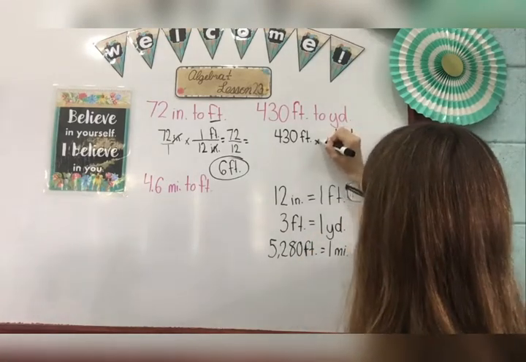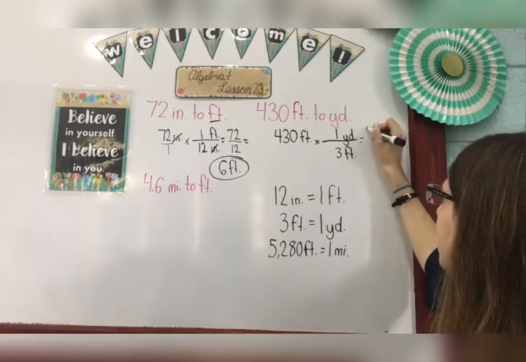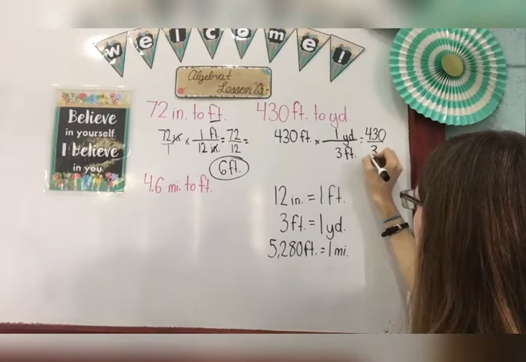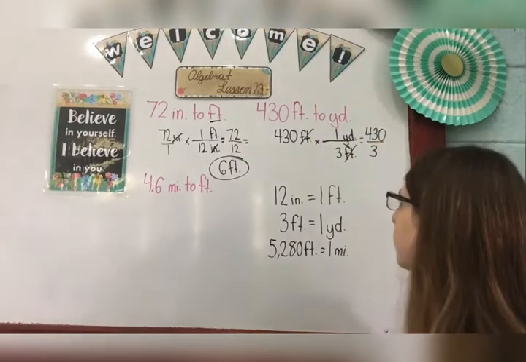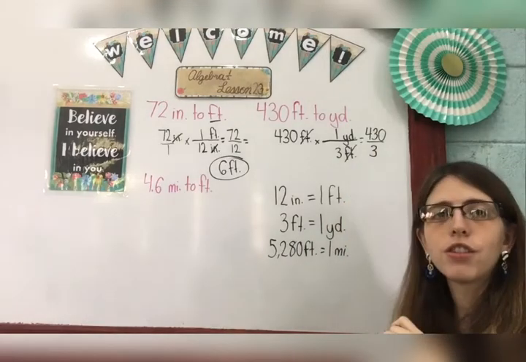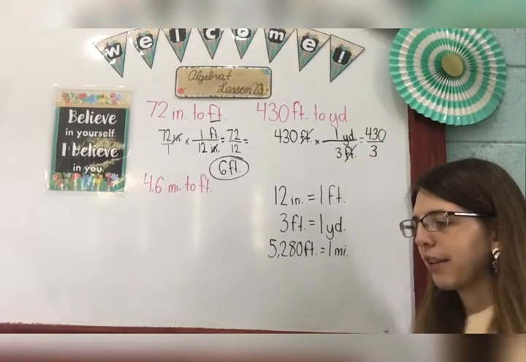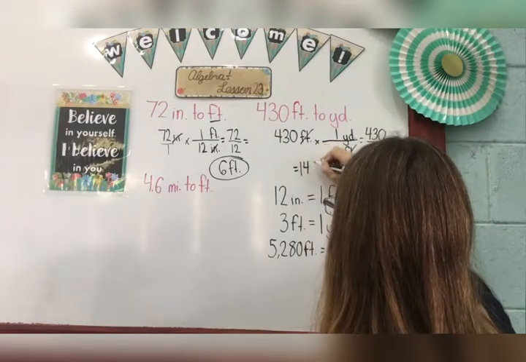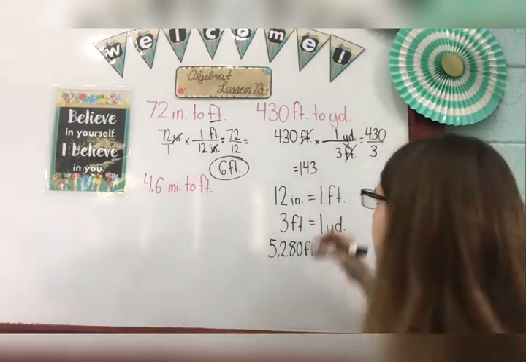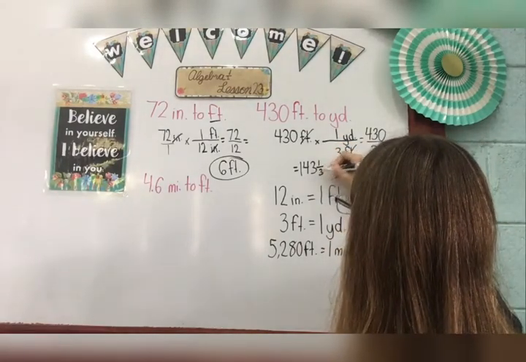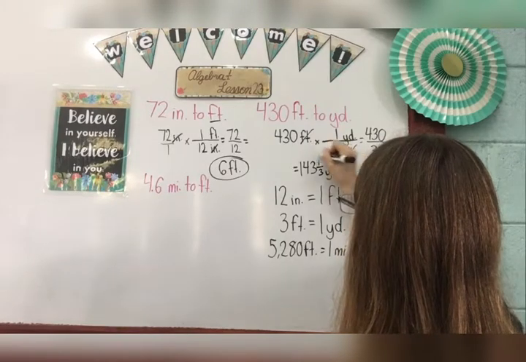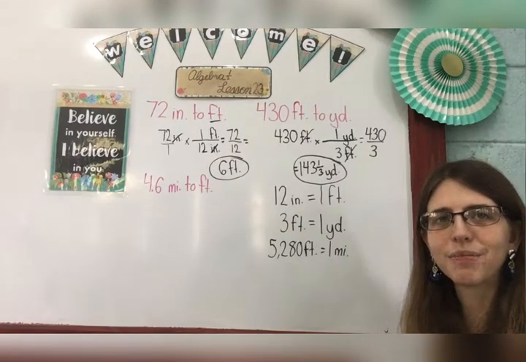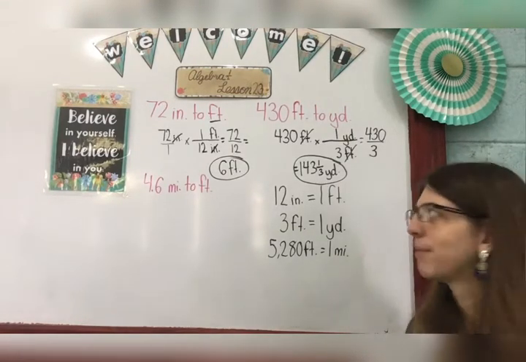Now I multiply across. 430 times 1 is 430. 3 times 1 is 3. My feet have been canceled out. So now I have 430 divided by 3. When you divide this, you're going to get 143, and you have 1 left over, so we'll write our remainder as a fraction, 1/3 yards. 143 and 1/3 yards.